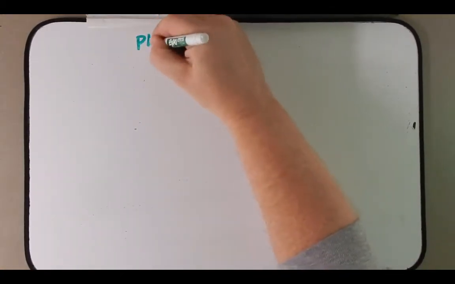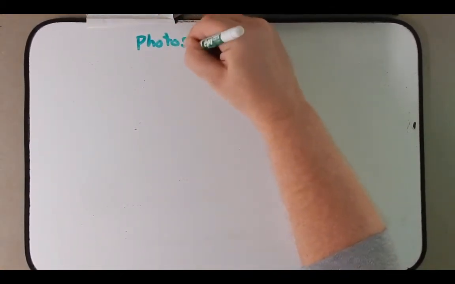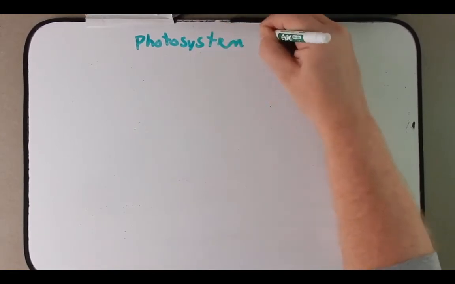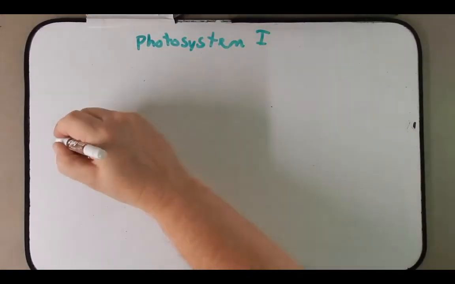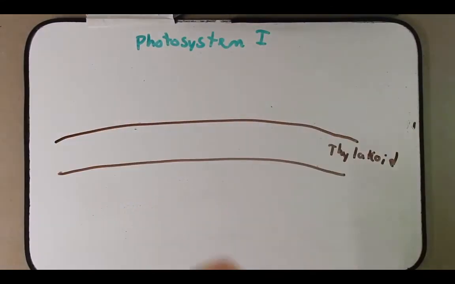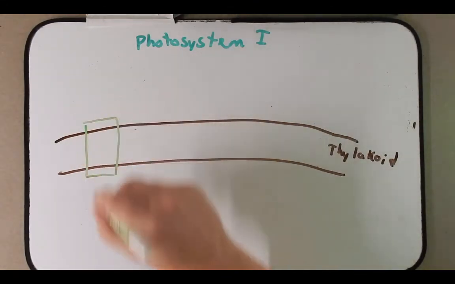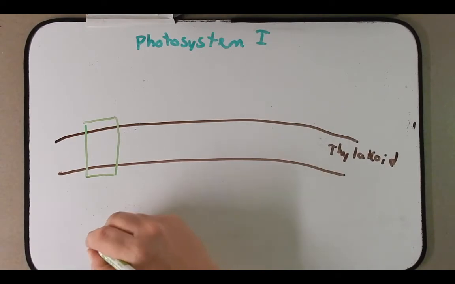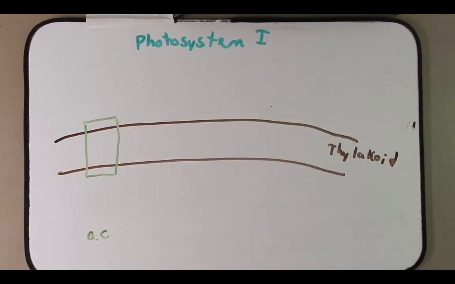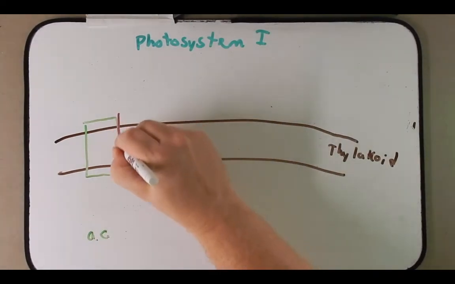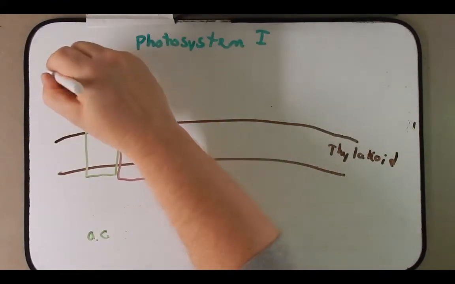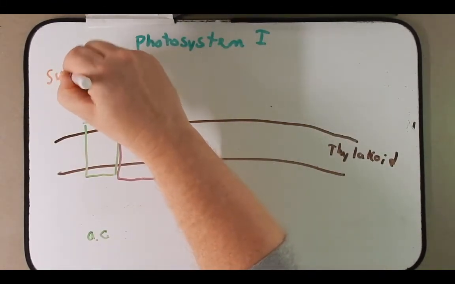Alright, so Photosystem I. Again, I'm going to draw the thylakoid membrane. We're still going to have the photosystem here, where we have the antenna complex and the reaction center adjacent to it. We're still going to have the sun here. Can't get rid of the sun.